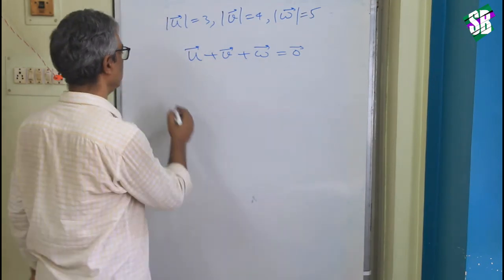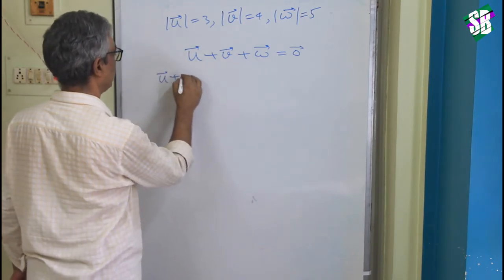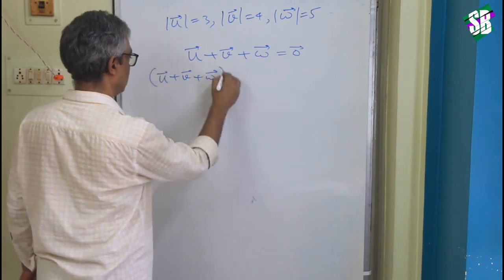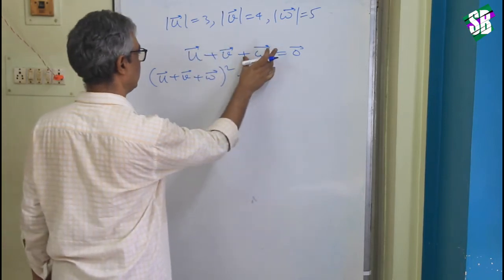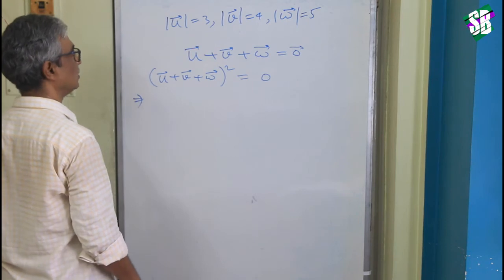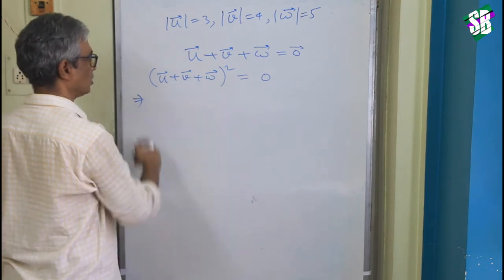How can you proceed? This is 0, so u vector plus v vector plus w vector squared is also 0. Remember, this squared means this dot this, but I have already told you to remember the formula corresponding to this.